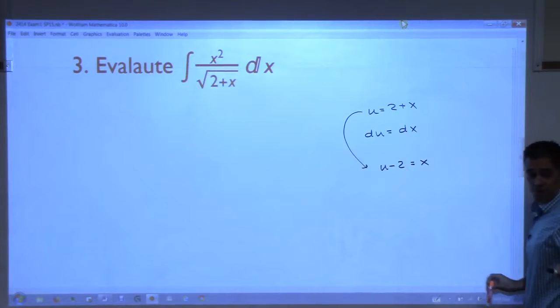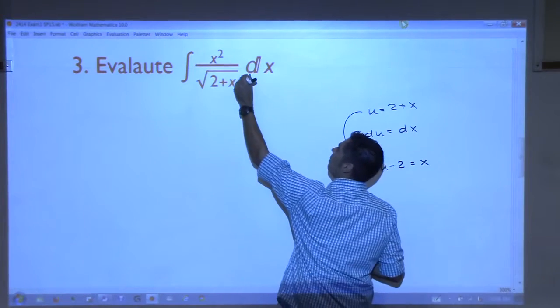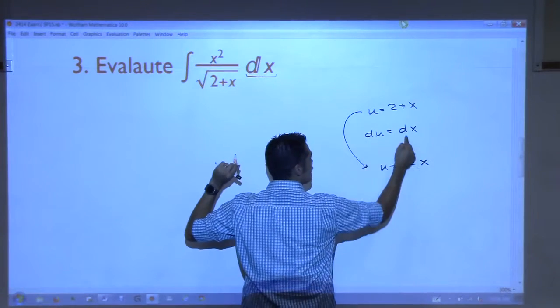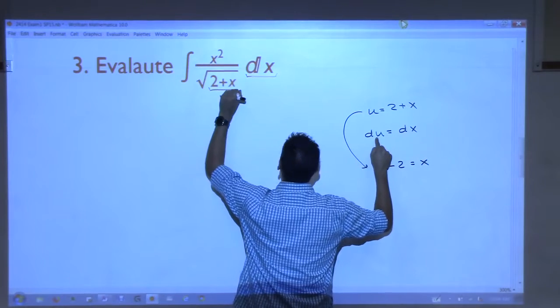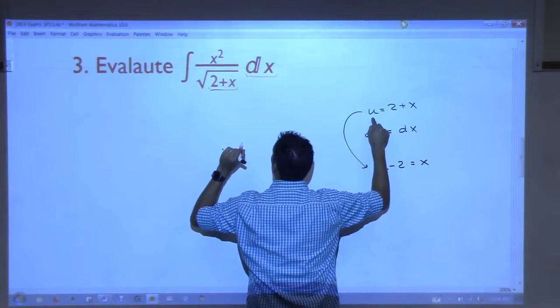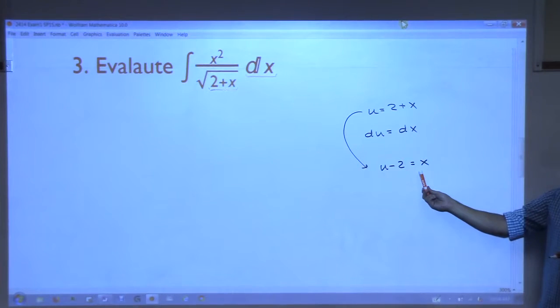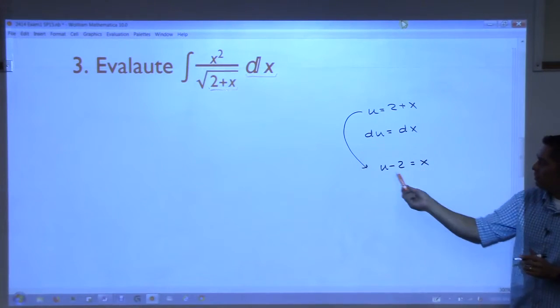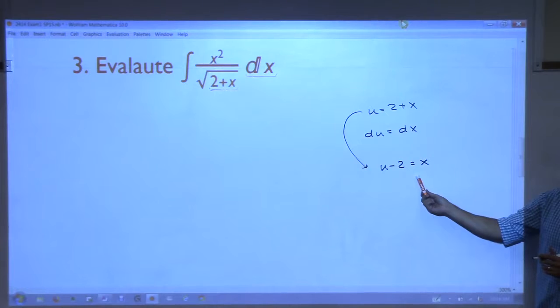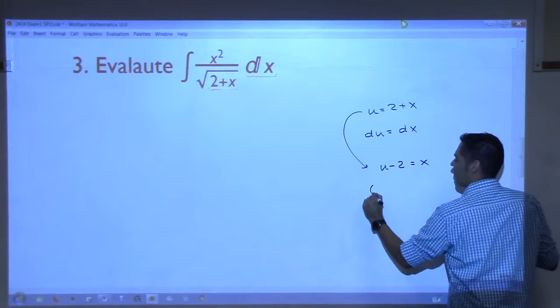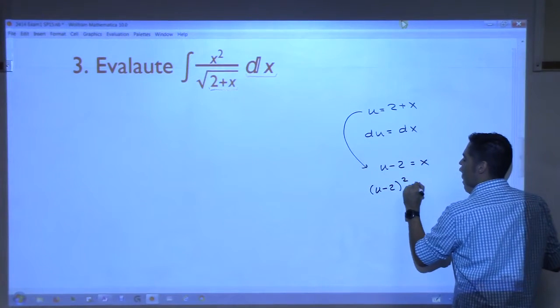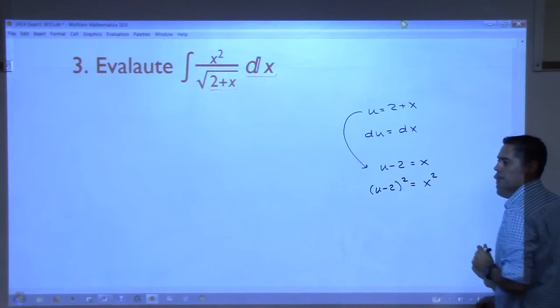Can I recap just as you think, as you sit there, and this dx is du, right? And 2 plus x is going to be u. And the only thing you need to deal with now is the x squared. And it looked like you were on your way to figure out what x squared was because you solved for x. Square both sides.